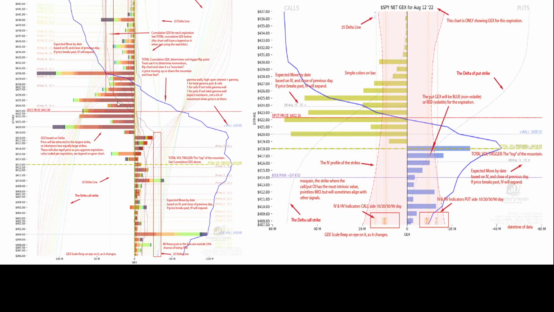Okay, continue with this. Let me speak about what this line means. This line is the total volatility trigger. What happens when the net gets positive?